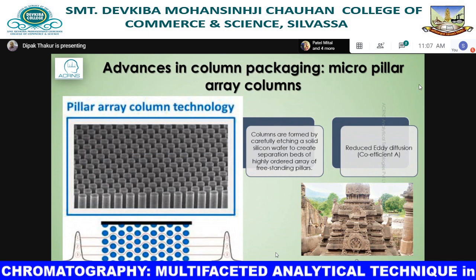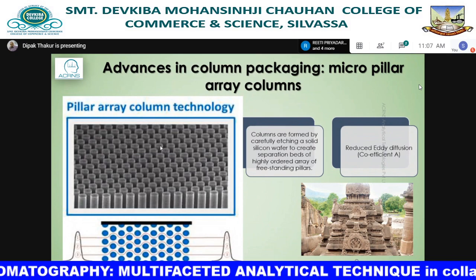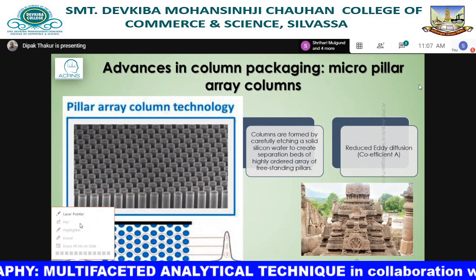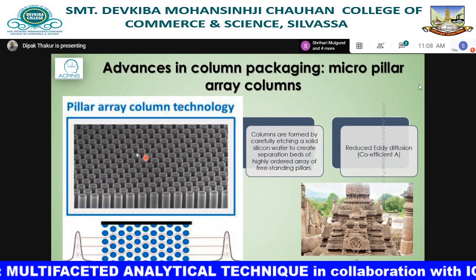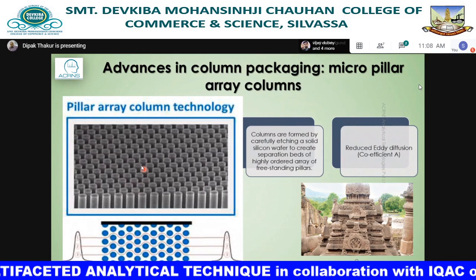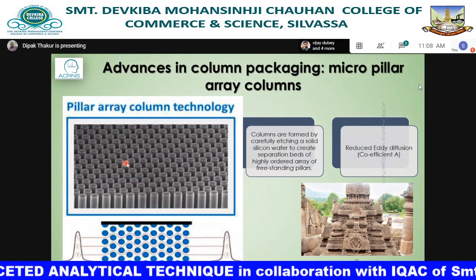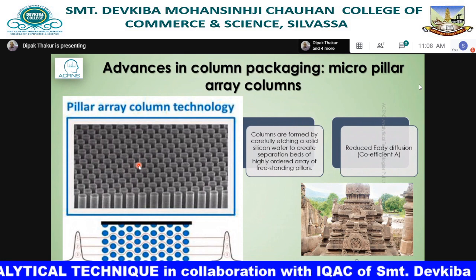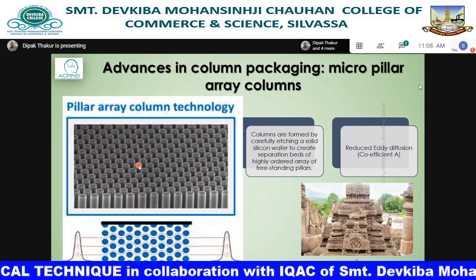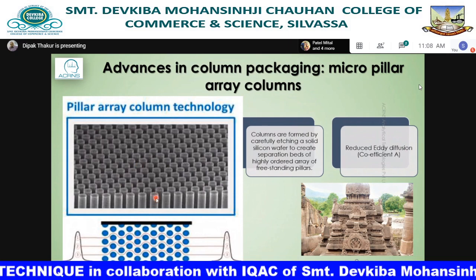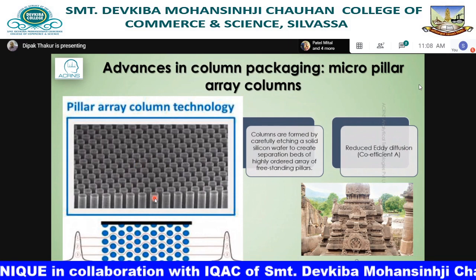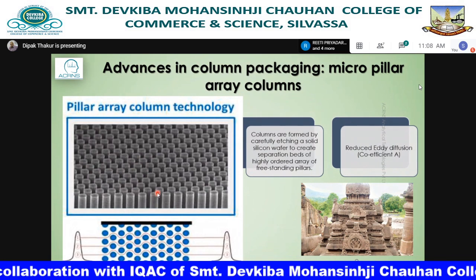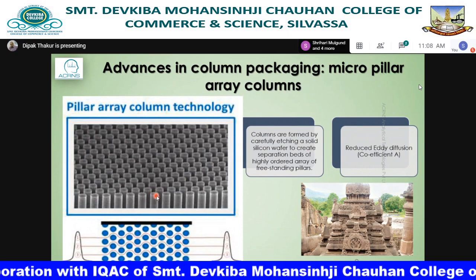So if you see closely on the left, on this side, these are all arrays of micropillars, and these are the pillars which are generated from a silicon wafer. The height of these pillars is 18 micron, and the diameter of this pillar is 5 micron.